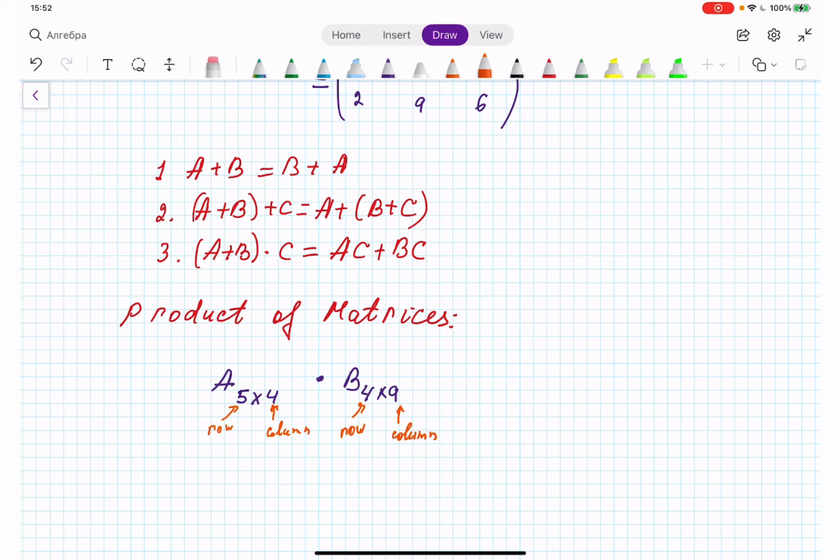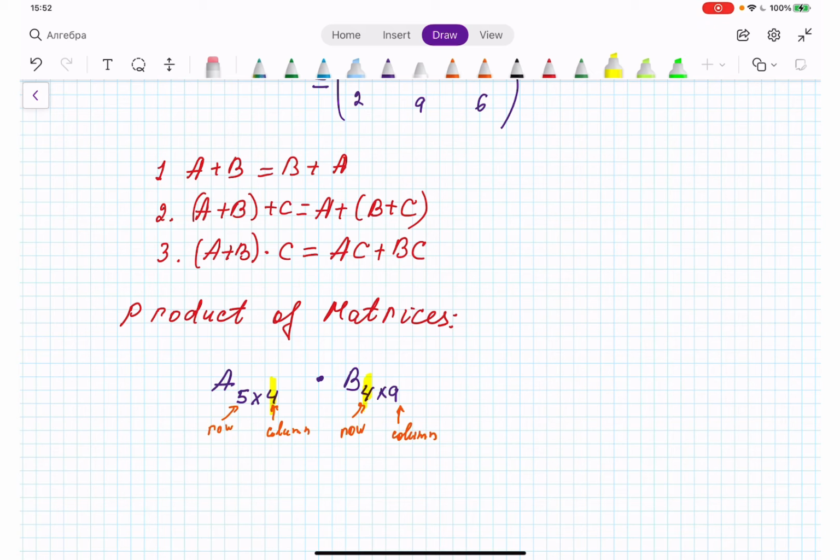So to be able to multiply matrix A on matrix B, first we need to make sure the number of columns in the matrix A equal to number of rows of the matrix B. Okay, they have to be the same, equal.